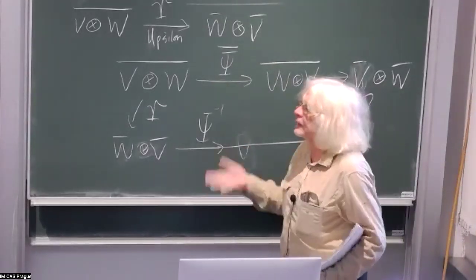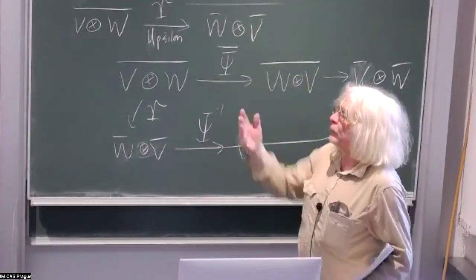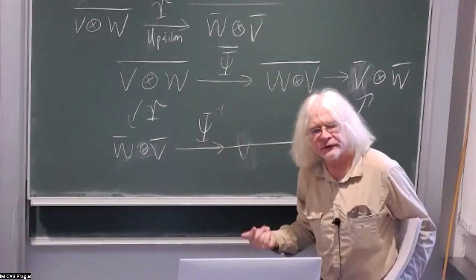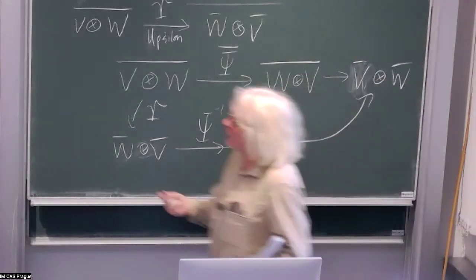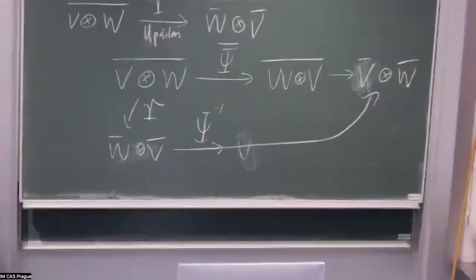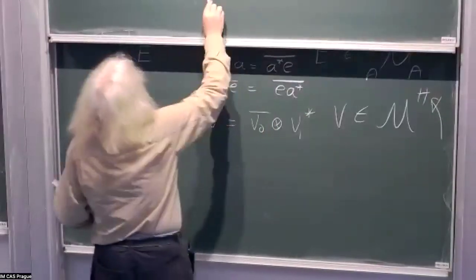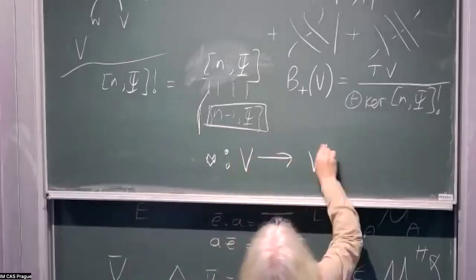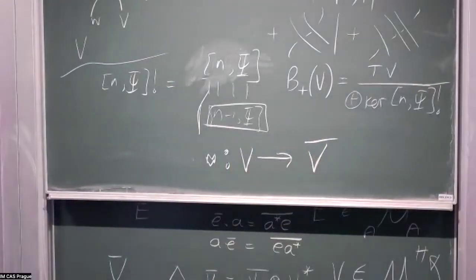Why? Well, because your maps between modules, a co-module map, is first of all a linear map, and a star operation is not a linear map, it's anti-linear. So in order to put the star operation into the category, I'll define an open star, which goes from V to its conjugate.